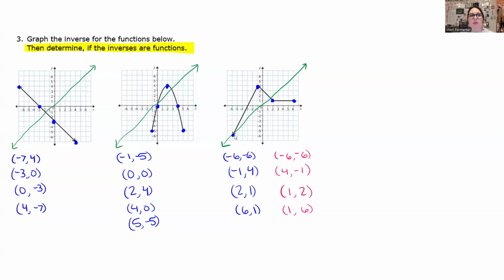So I go plot my inverse and I connect the dots as I go. These started from left to right, and that's how I named my points. I'm going to plot these and connect the dots just the same. So I start with -6, 6. And I know that this one is going to have an arrow because my other one had an arrow. It's hard to see, but there's an arrow there. Then I go to 4, -1, and I connect the dots.